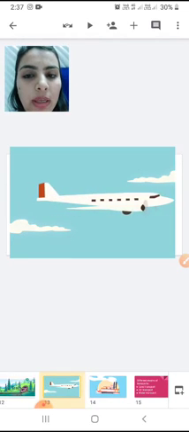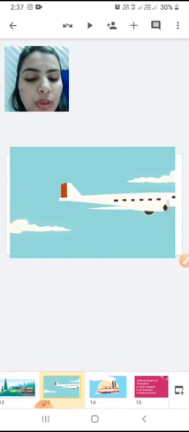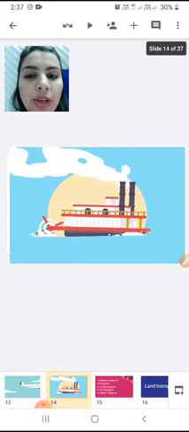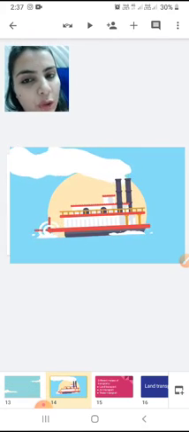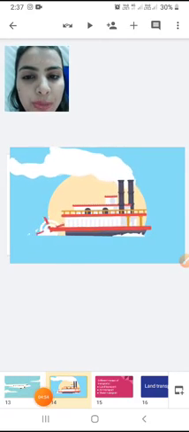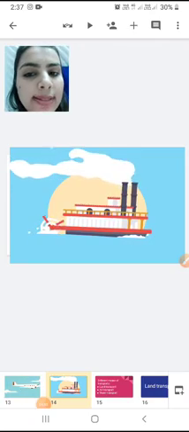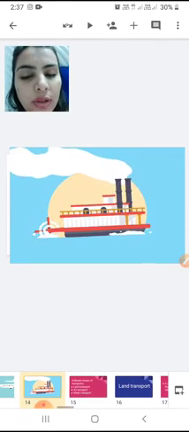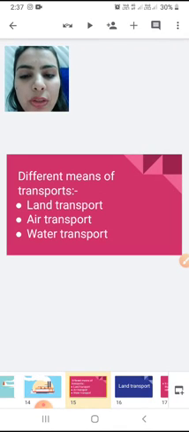They travel in air above the clouds. Next is the ship. Ships are also a means of traveling, and they run on seas or oceans. They run on water.